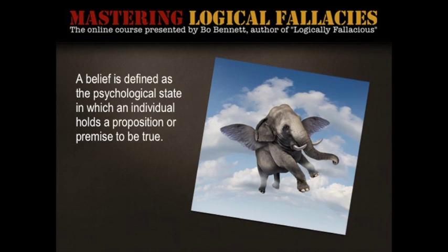Beliefs are formed in just so many different ways that has to do with everything around us, our environment and our biology. There certainly are some people who are more susceptible to certain kinds of beliefs than others.